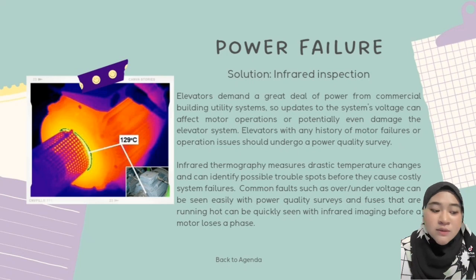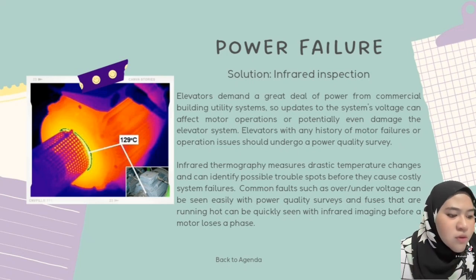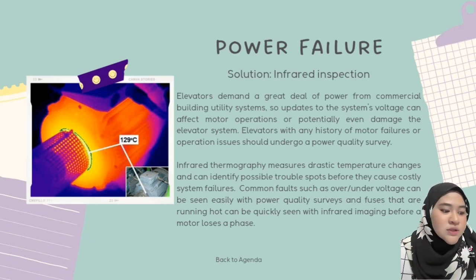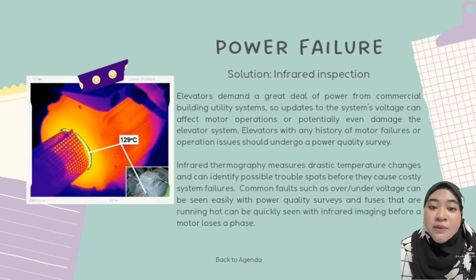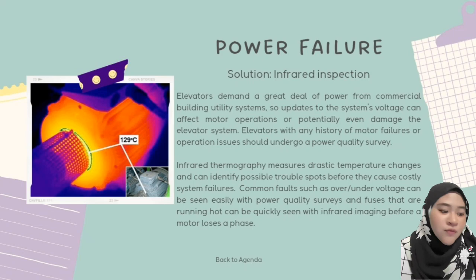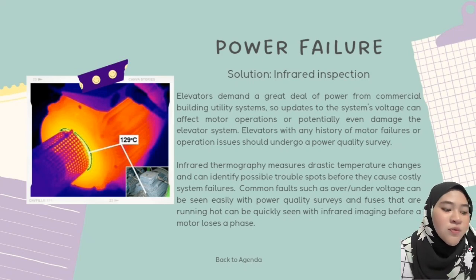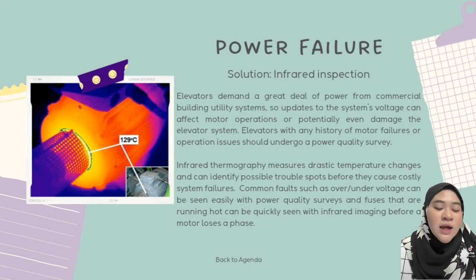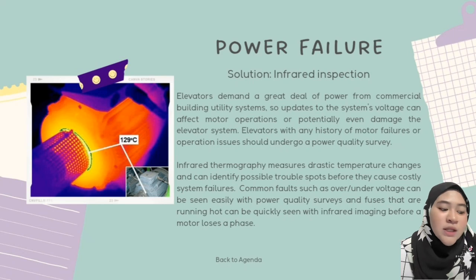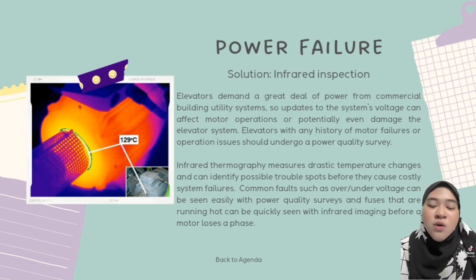Common faults such as over or under voltage can be seen easily with a power quality survey. Motors that are running hot can be easily seen with infrared imaging before a motor loses a phase.